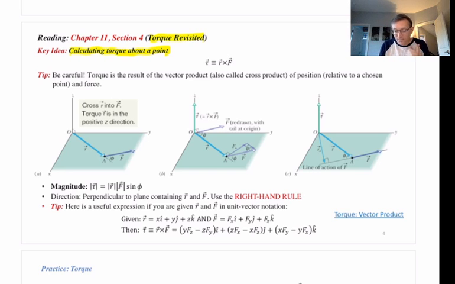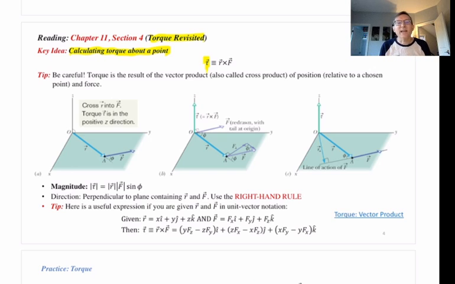Here we go. Calculating torque about a point. Symbol for torque, remember, is still the Greek letter tau. And now we're going to recognize that torque, like force or any other vector quantity we learned, is a full-blown vector with a magnitude and a direction.